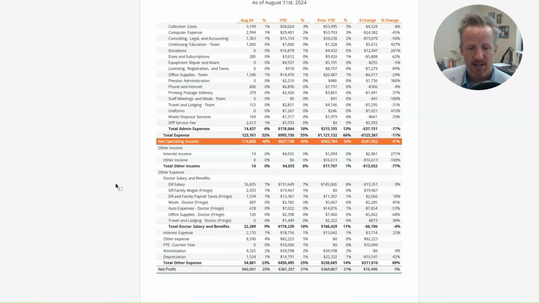But the sellers want more allocated to goodwill because that is generally taxed at a lower rate than the amount apportioned to equipment. So there's a little bit of a tug of war, and that's for a discussion on another day. But this amortization and this depreciation all falls below that net operating income line.